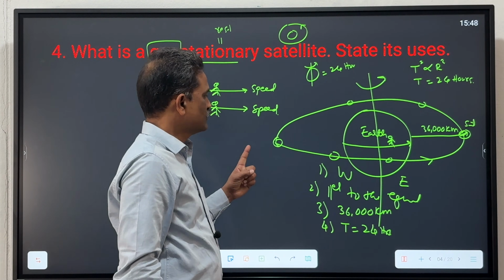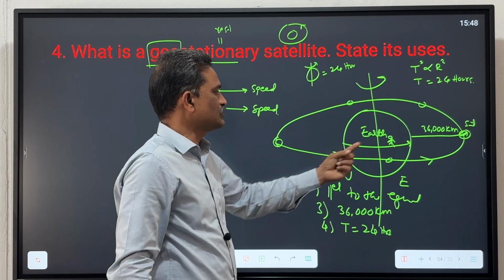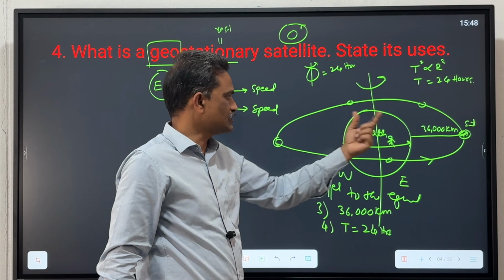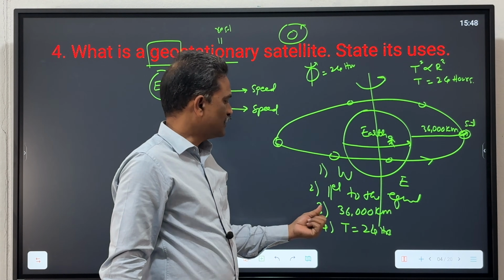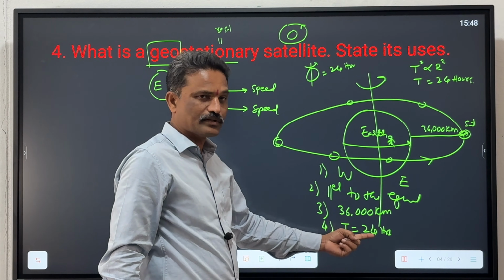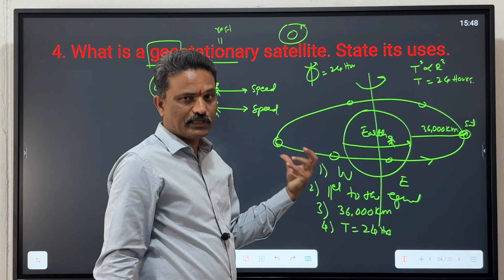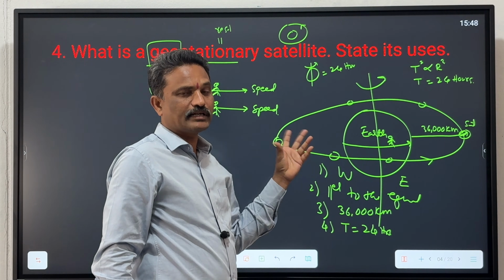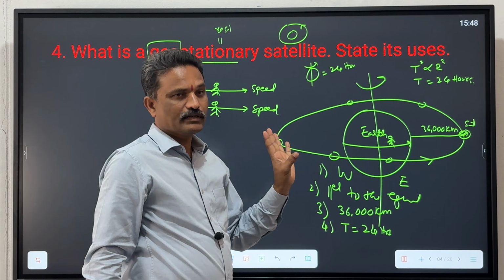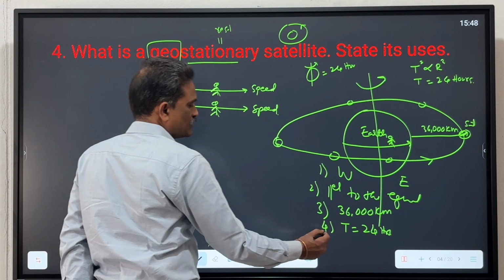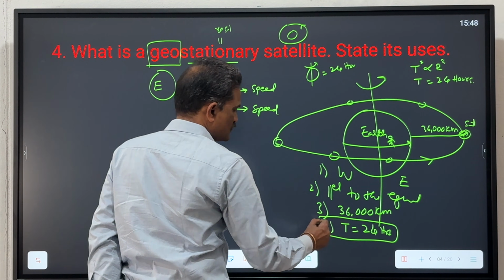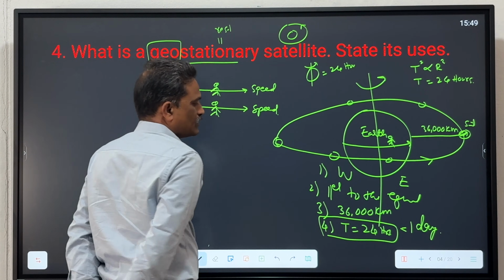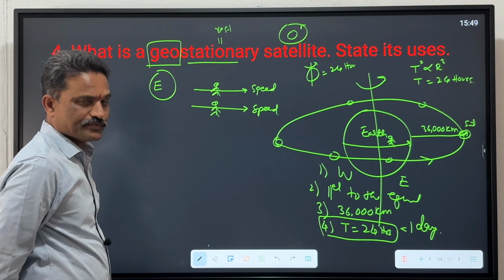A satellite going around the Earth in a circular orbit at a height of 36,000 kilometers, whose period of revolution is 24 hours, parallel to the equator, going from west to east, the direction in which the Earth is spinning. For geostationary satellites, the period of revolution is equal to 1 day, which is nothing but the spinning period of the Earth.